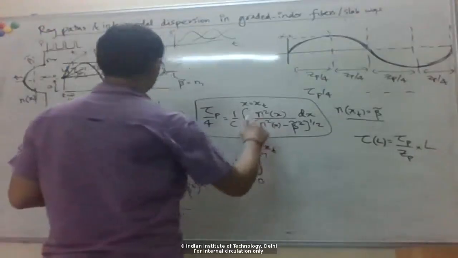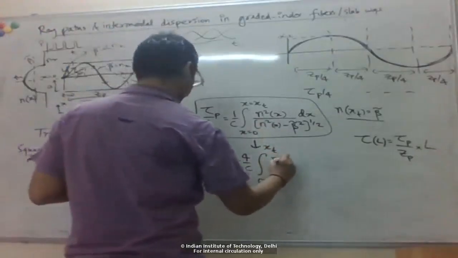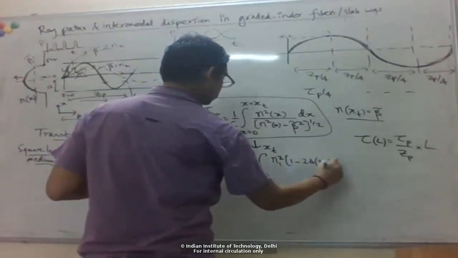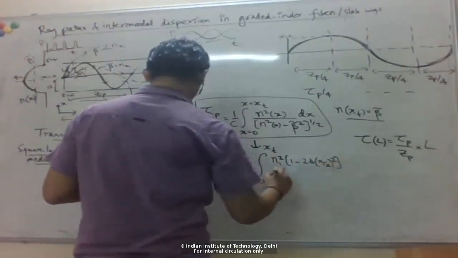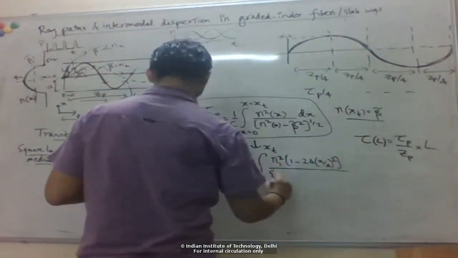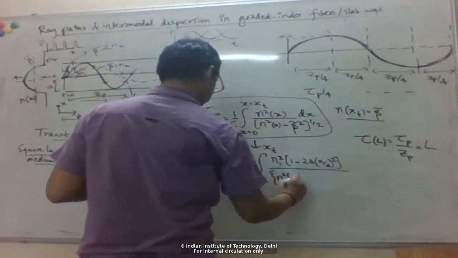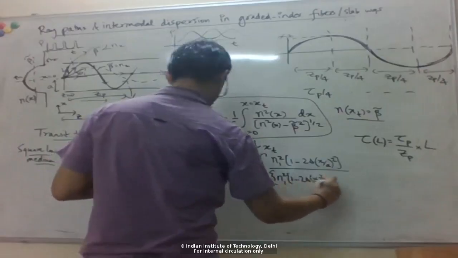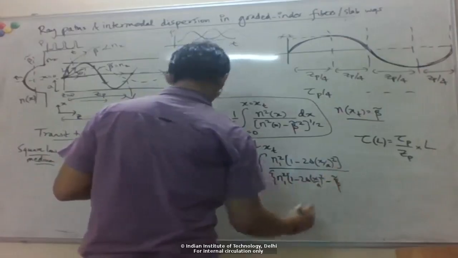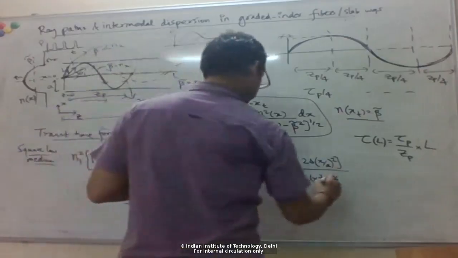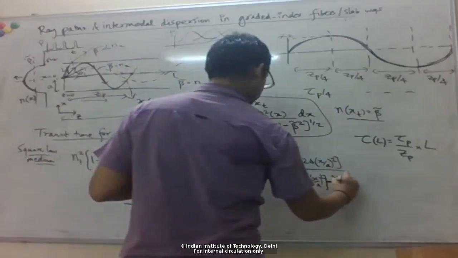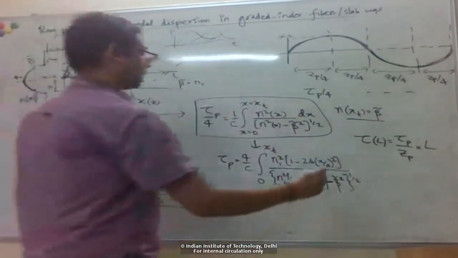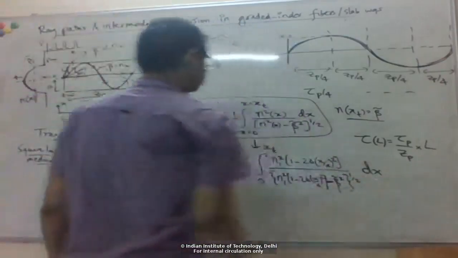For n square of x, you put the parabolic profile, over dx.